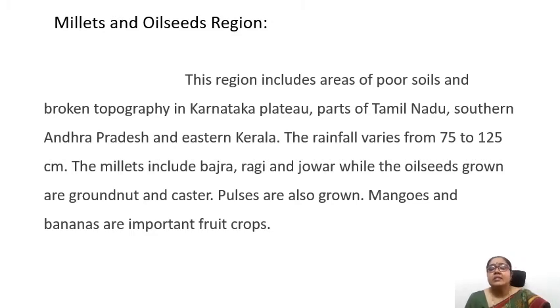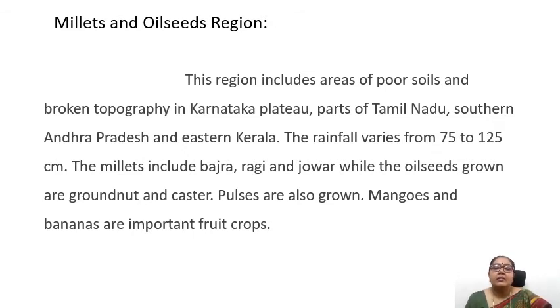This region includes areas of poor soils and broken topographies in the Karnataka Plateau, parts of Tamil Nadu, southern Andhra Pradesh and eastern Kerala. The rainfall here varies from about 75 to 125 centimeters.